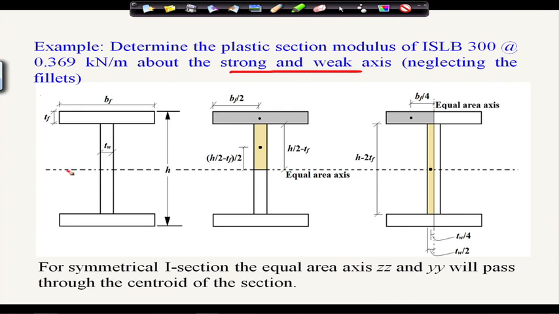This section axis we can say is z z and this one is y y. So, we have to find out the plastic section modulus of this ISLB 300, so let us go through this example.